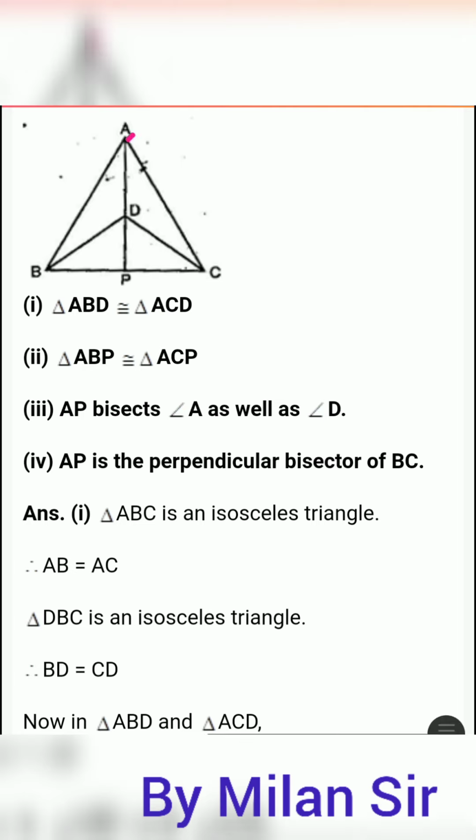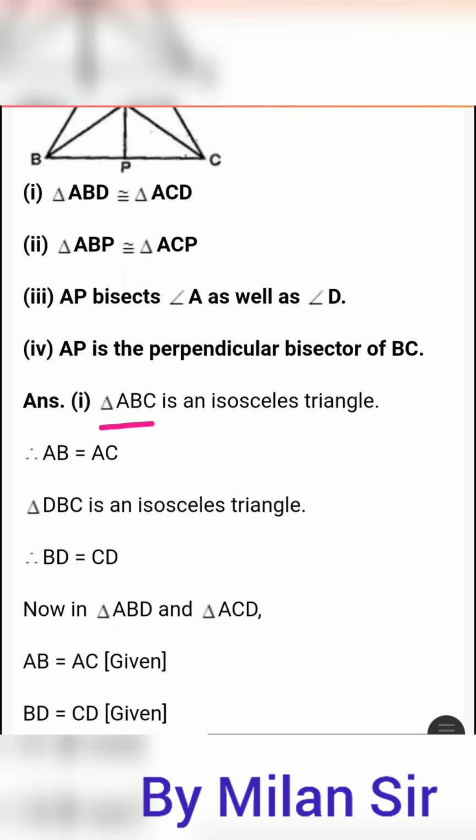Again, ABC is an isosceles triangle, so AB is equal to AC.